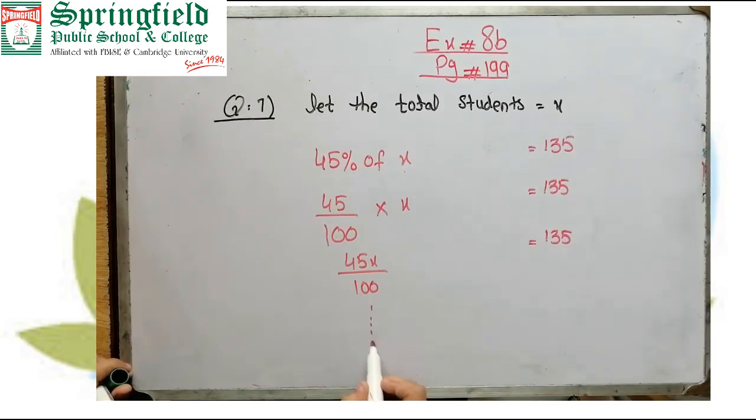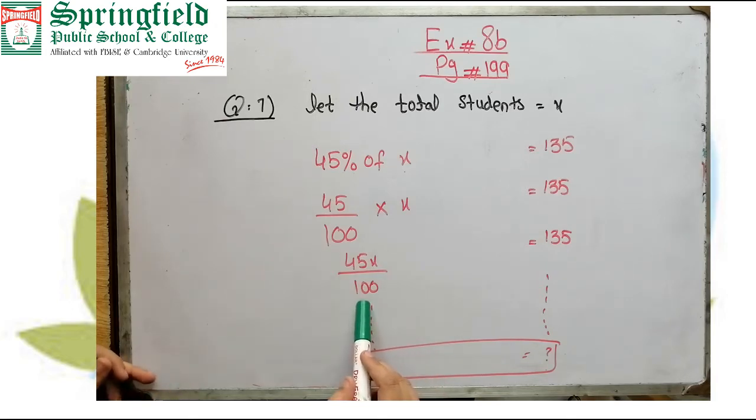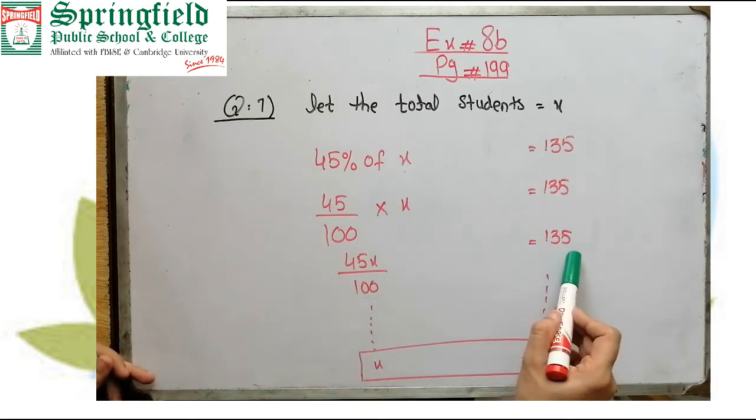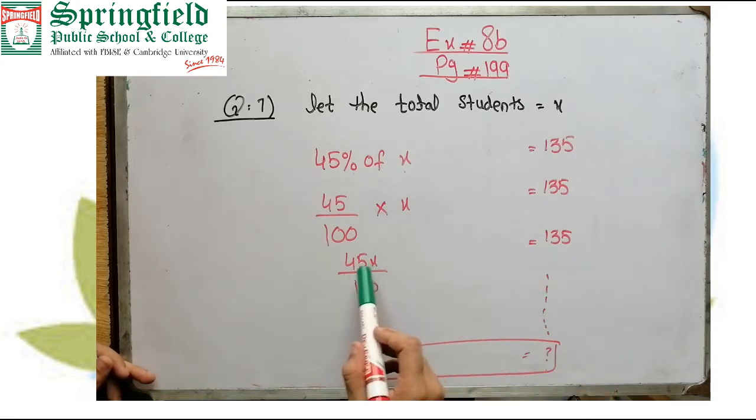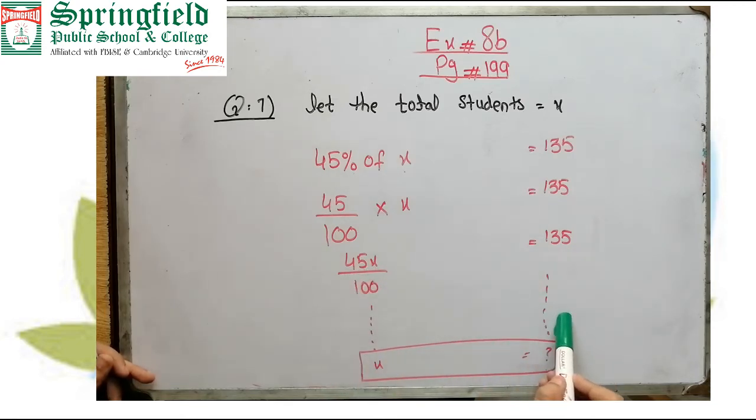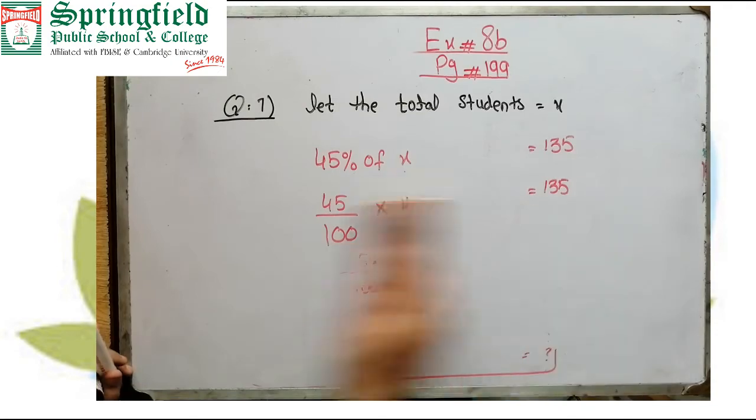Now it's your task: find out the value of x from here. What will be the total number of students taking part in the competition? Understood, beta? First 100 will jump to the right side and multiply with 135, and then 45 will divide the final result, and then you will obtain the x value. Understood? Okay.